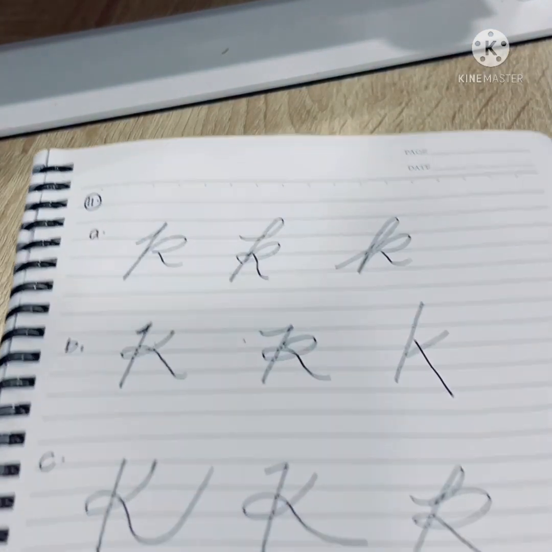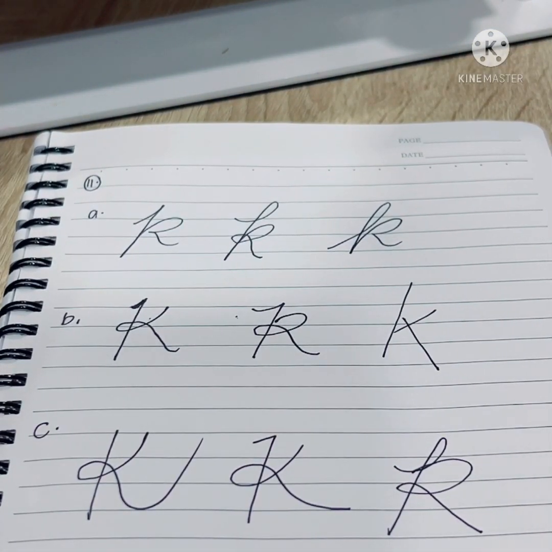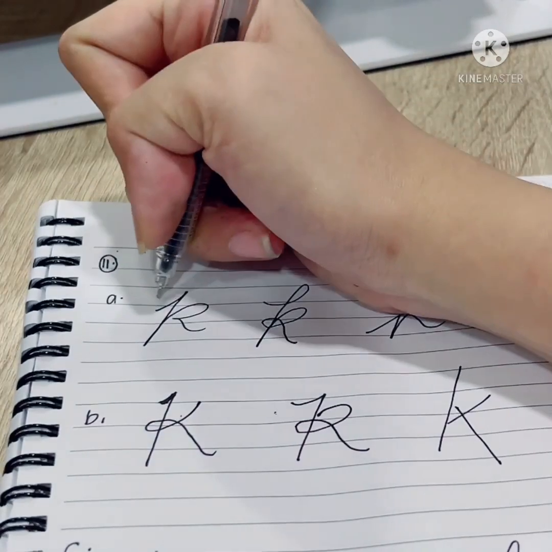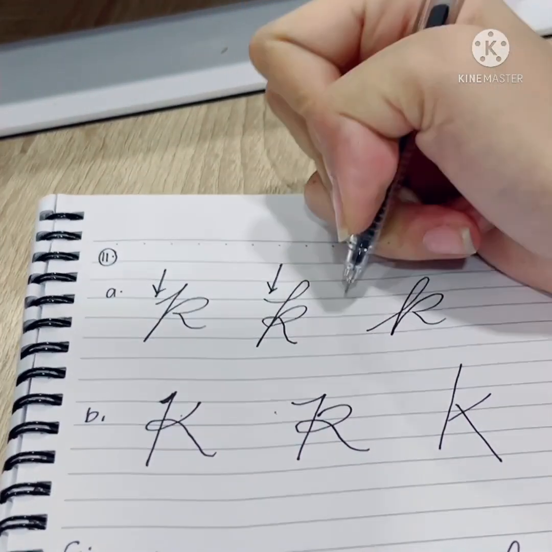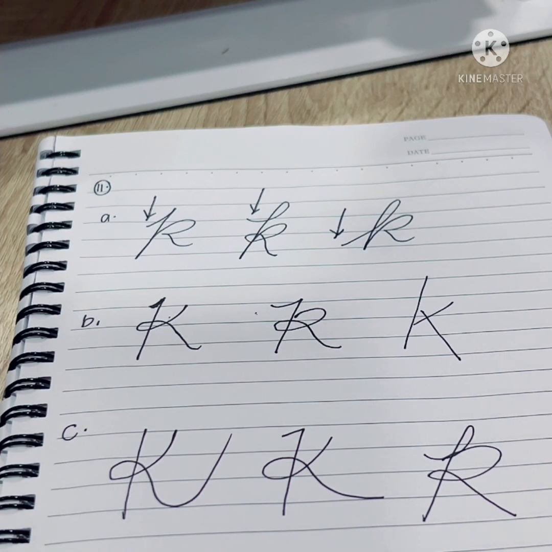Number 11. Examination of small letter k. A. Examine initial upstroke, loop, and stop as for letter h. B. Examine the number of strokes and the buckle knot.